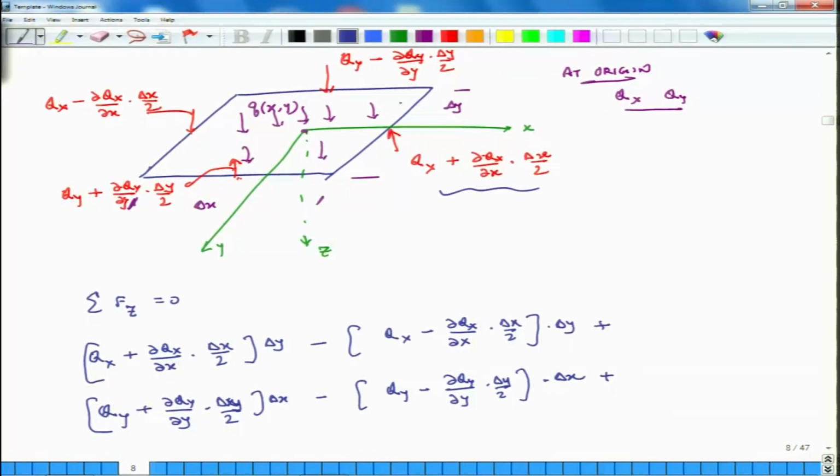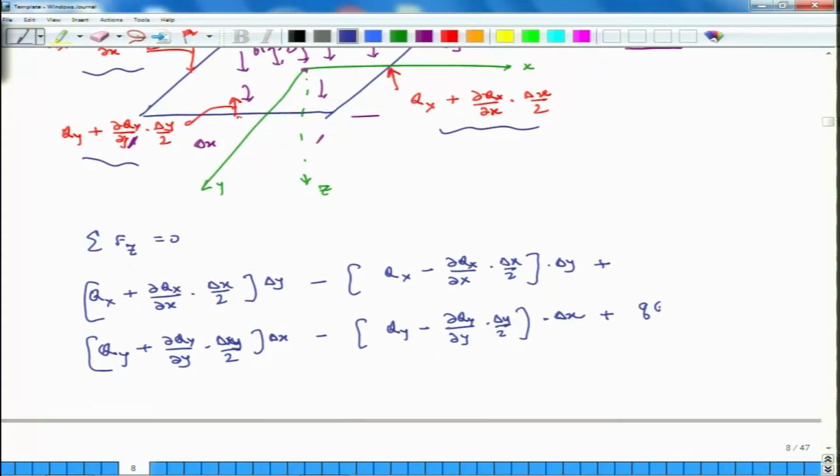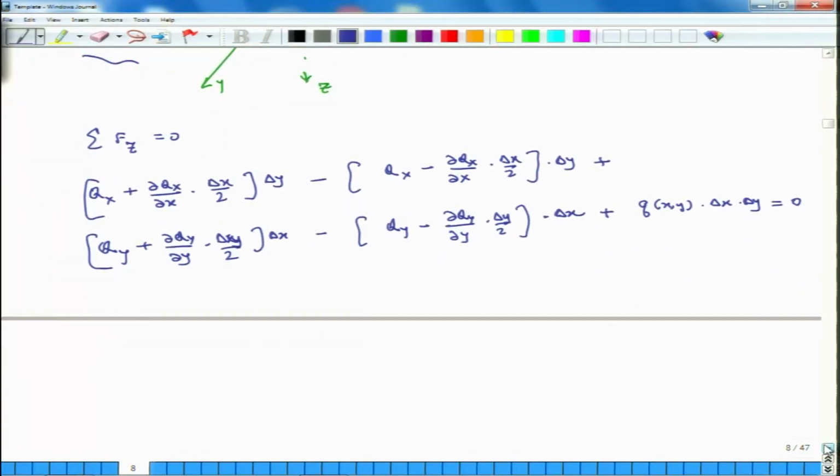So, these are the forces due to these 4 Q's, but there is a fifth force which is related to this external load Q. So, what is the force due to this? It is Q, which is a function of x and y, times the area of the plate, which is delta x times delta y, and all of these add up to 0. Okay. So, these terms go away. Also, this term delta x, delta y, they also go away.